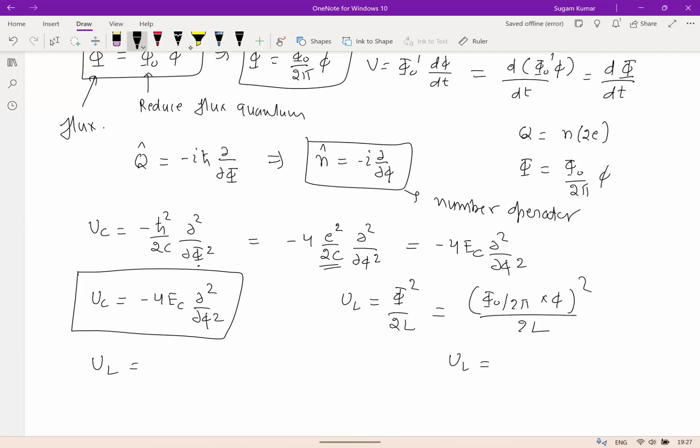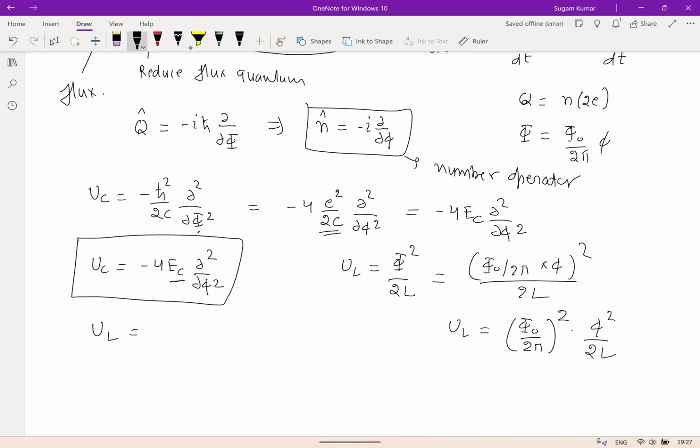UL will be equal to, let me call, phi naught by 2 pi whole square, and here is the phi square upon 2L. The way I define EC, I can define here one more term that is called the EL. So this becomes 1 by 2 times EL into phi square.